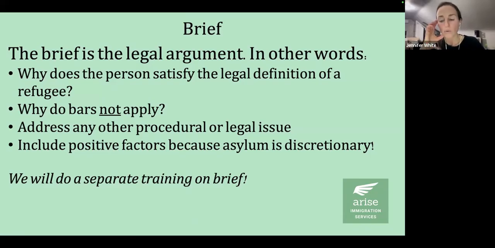So we use a particular outline for our briefs that was modeled after the case assessments that asylum officers have to write up when they're deciding the case and sending it up for approval with their asylum office supervisor. So we modeled ours after that.